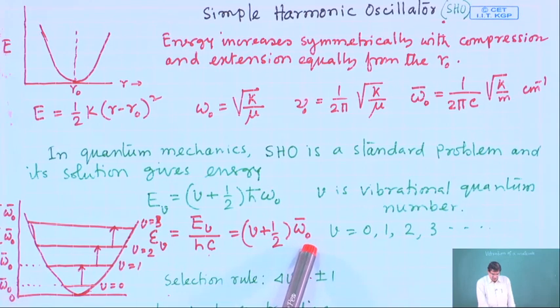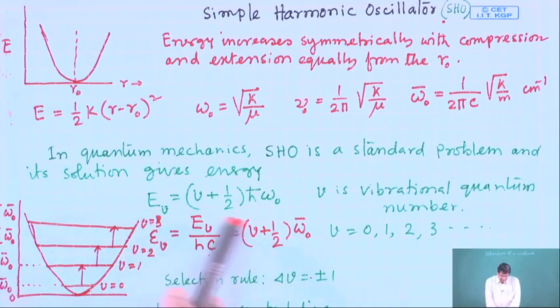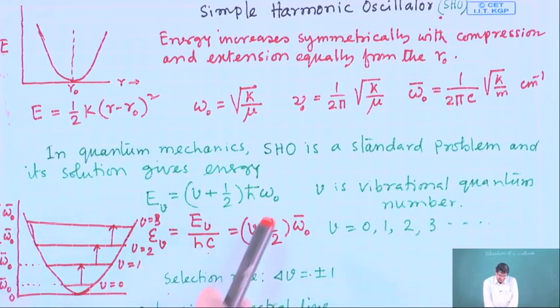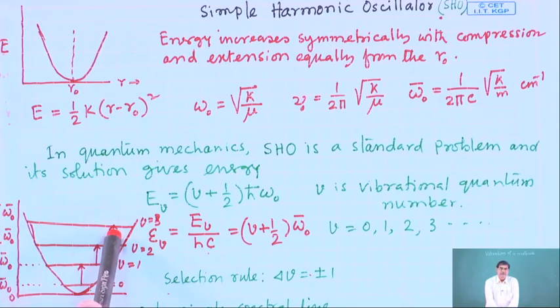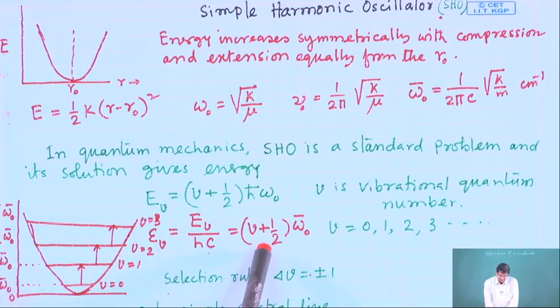So, if this is the energy expression and I plot it in wave number, these will be the energy levels for v equal to 0, 1, 2, 3. One can draw lines for the different values of v.